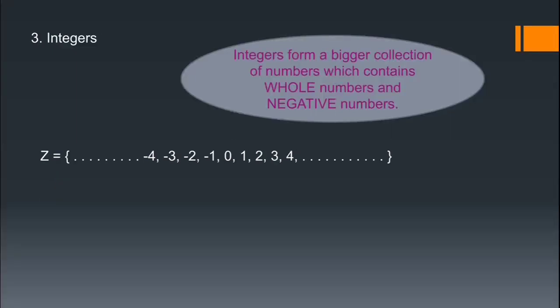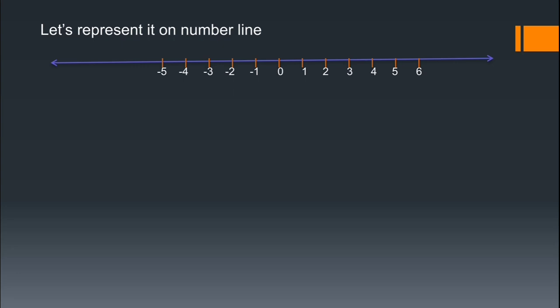Now let us represent the set of integers on a number line. So here we have a number line. You know, students, how to represent numbers on a number line? We just put 0 in the middle of the number line, as you can see here, and on the right hand side of 0 we represent all the positive numbers by maintaining an equal separation.